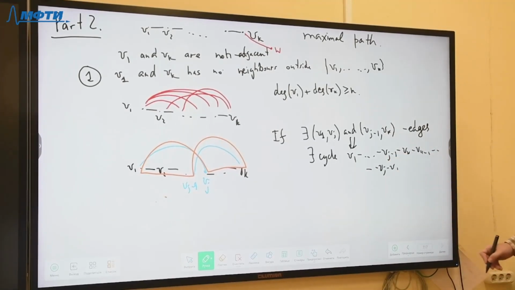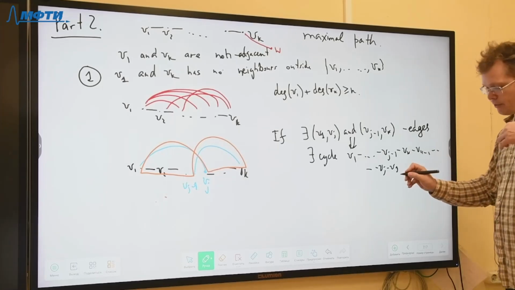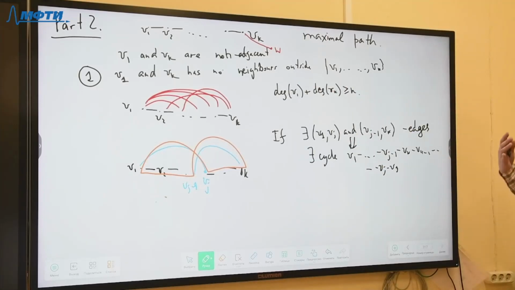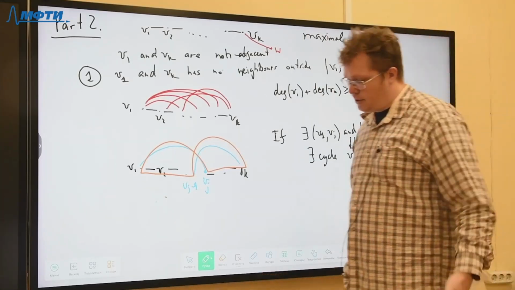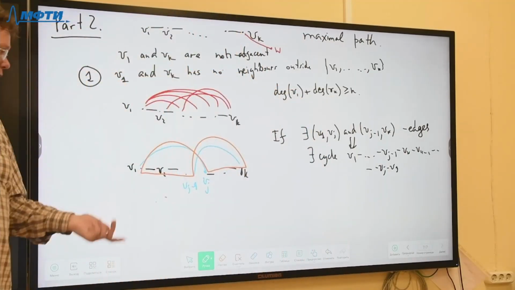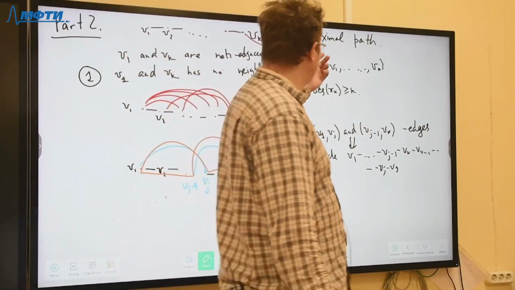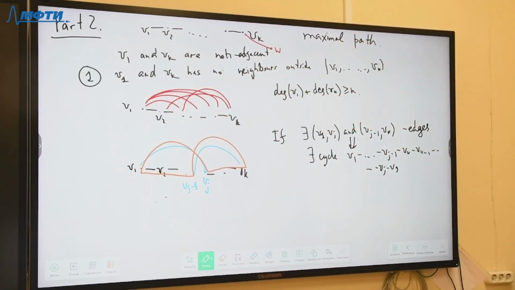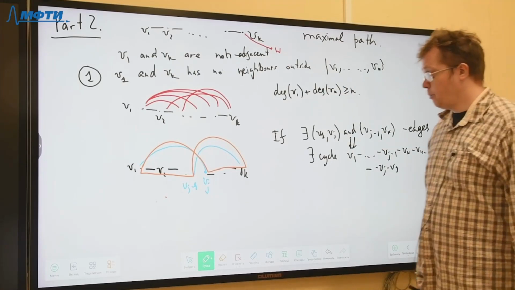So we can use the previous case and construct a cycle from the maximal path. Since the graph is connected, some vertex will connect to the cycle, and so we can construct a path of length k plus 1, so this path was not of maximal length.